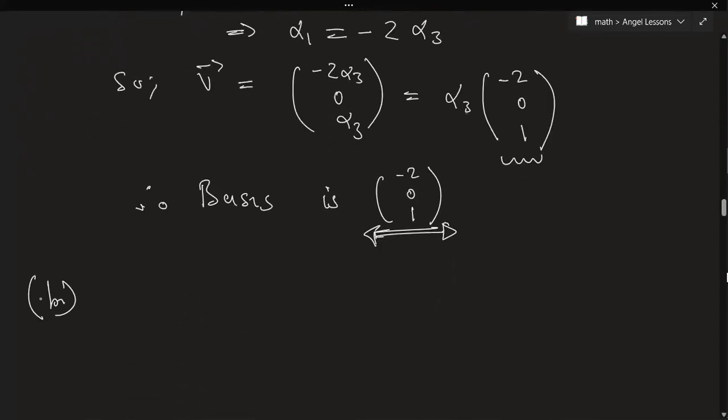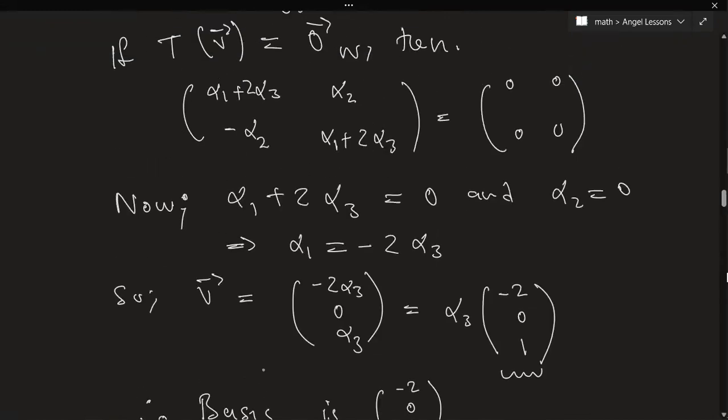Well, I think we can find the range by basically just finding its basis. First, we just have to evaluate this. But why am I using the kernel here? Let's go back.